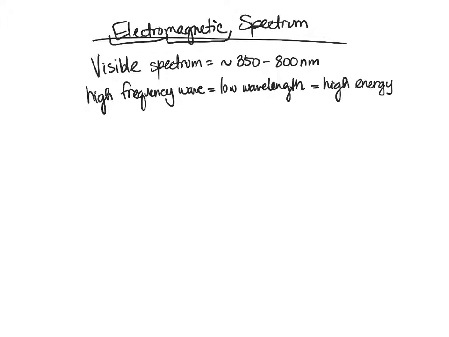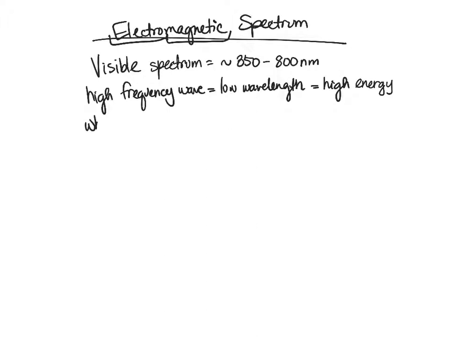This is important because when we think of light, it can be seen as light in waves, but then also light as a particle. These are photons that are moving in waves. So when we have higher frequency, then we have higher energy, so we have more and higher energy photons. When we have lower frequency, then we have lower energy.